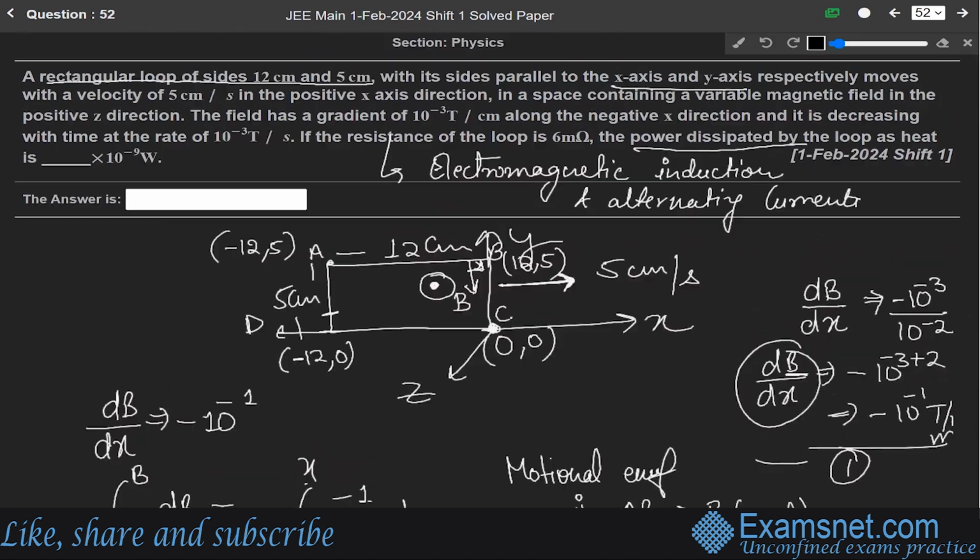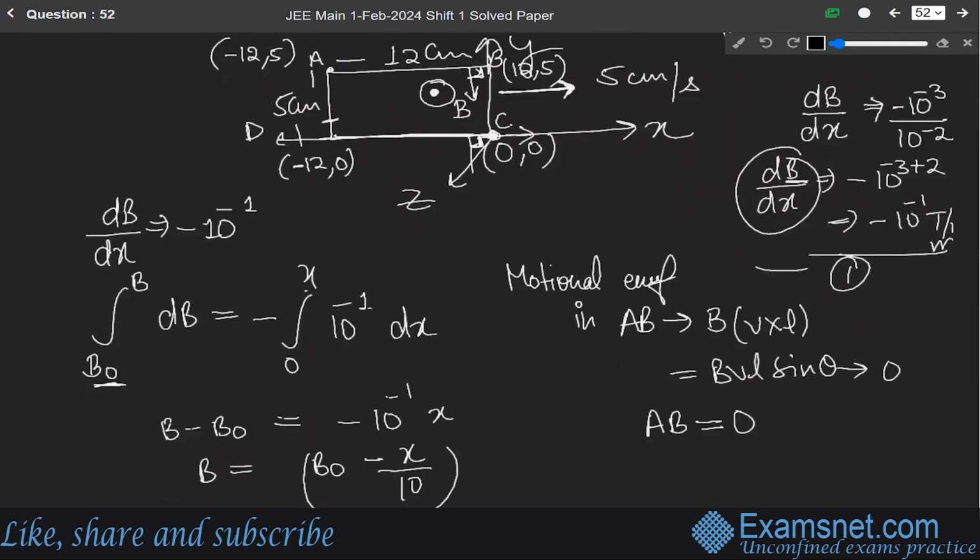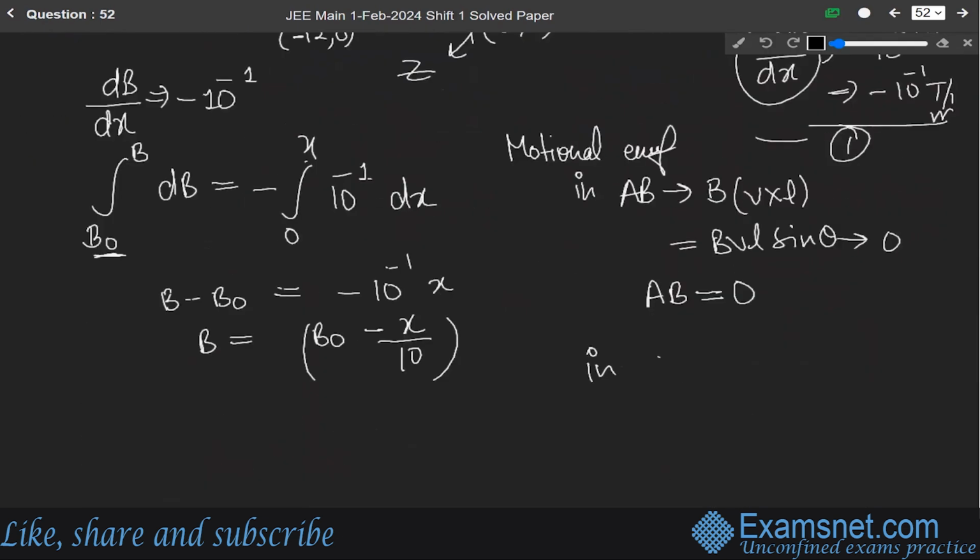And similarly, the motional EMF in CD will also be 0, since the velocity is in this direction and the magnetic field is in this direction. So perpendicular means 90 degree. So in CD also the motional EMF will be 0.